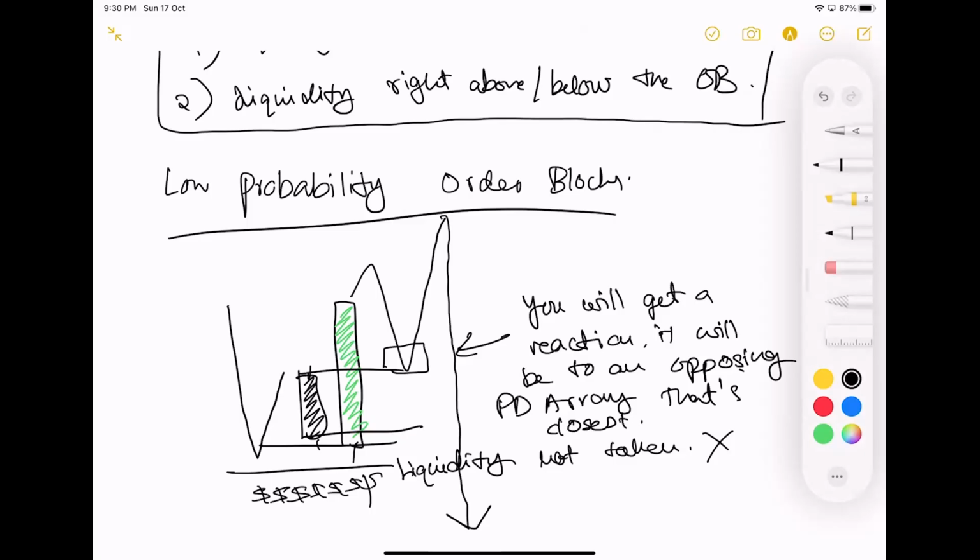Do you understand? Exactly, lower time frame server. Do you understand, everyone? So your homework is to get the opposite scenario for the bearish order block. So that's the example of a low probability order block, and I'll just scan through some examples with you as well after this.